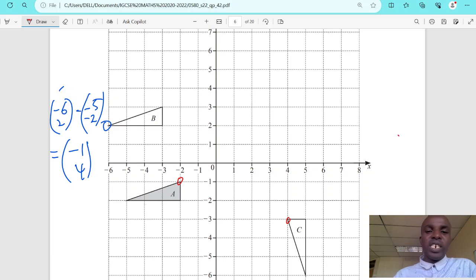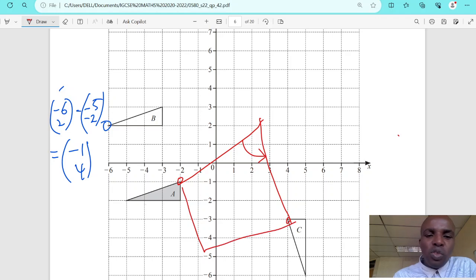If the distance of the image from the center is equal to the distance of the original point from the center, and it's anti-clockwise, it means it has been changed in this direction. It can be this or this. This direction can also make sense, but from this one it will be clockwise. It's always from the original to the image. So the line that makes sense is the line that is.